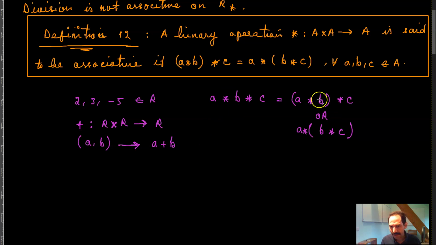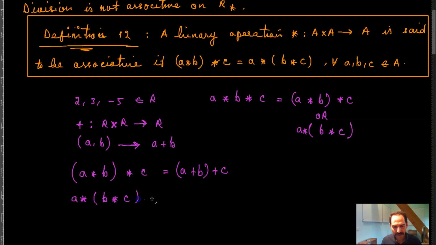Now, taking (A star B) star C, for addition that would be (A plus B) plus C, and A star (B star C) would be equal to A plus (B plus C).